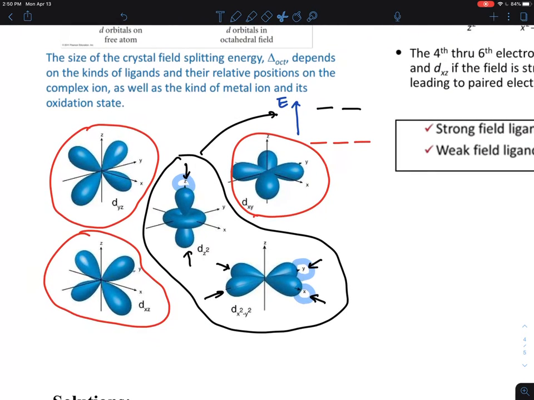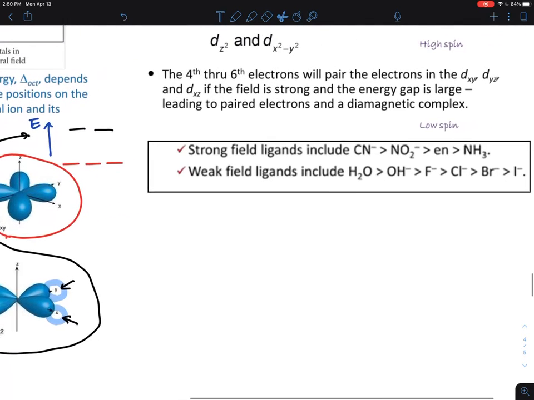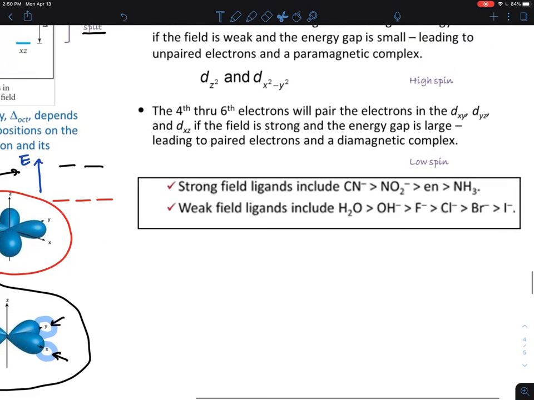That is what is called the strong ligand and the weak ligand. The famous strong ligand has a lot of electrons, the CN minus, and the weak ligand is something more neutral.